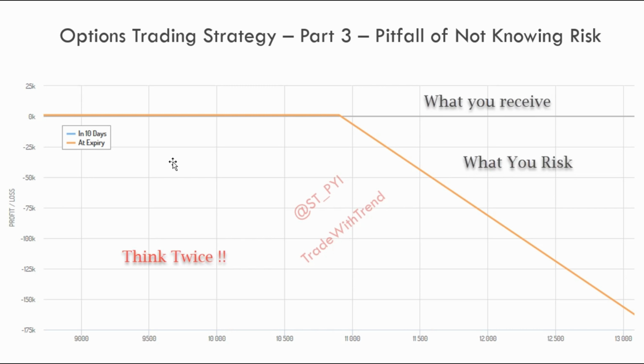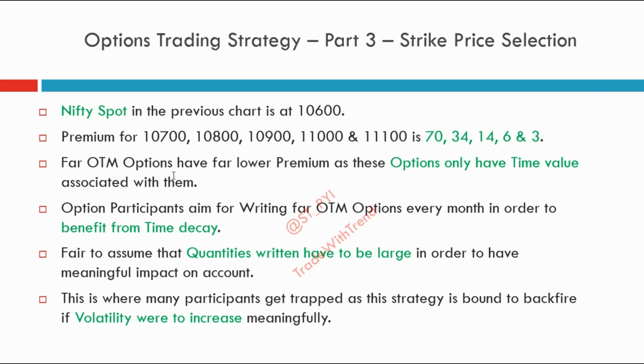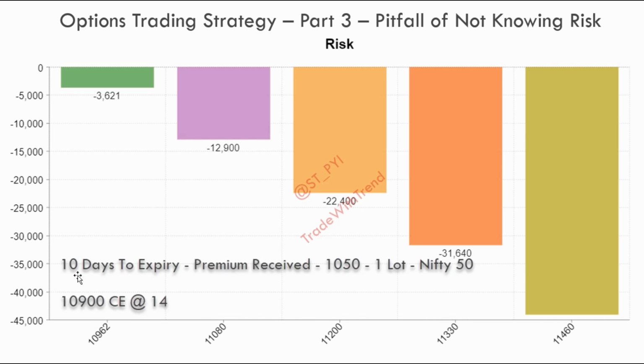You cannot attain financial freedom, or you cannot get extremely rich unless and until you're an extremely successful professional trader by just making this much money and you stand to risk this amount. So I'll just take you back to this example to illustrate my point. So with 10 days to expiry, the premium that we received is 1050.